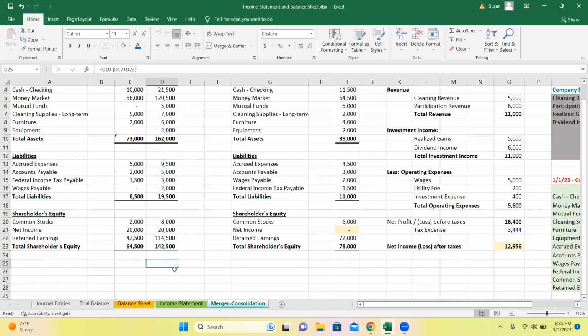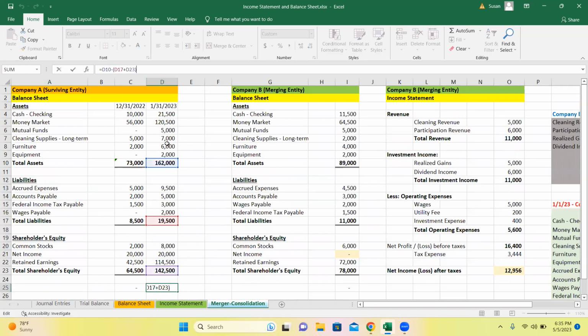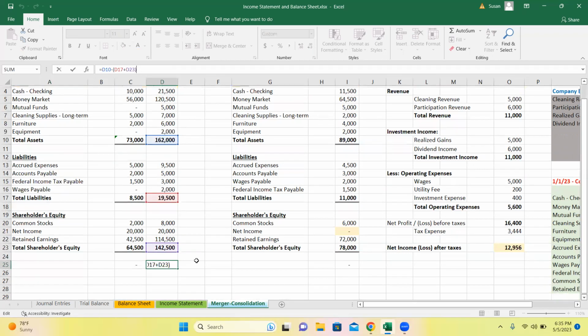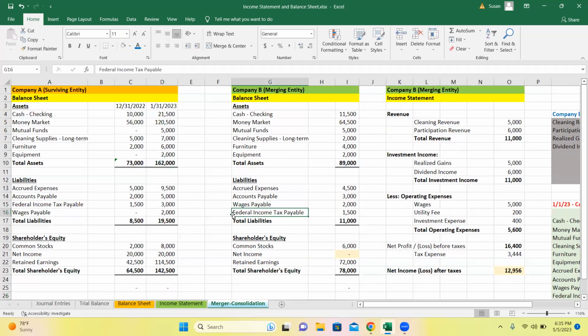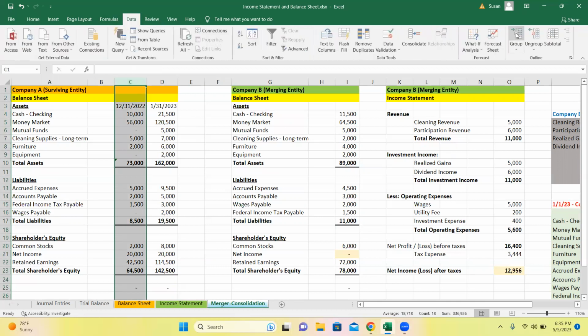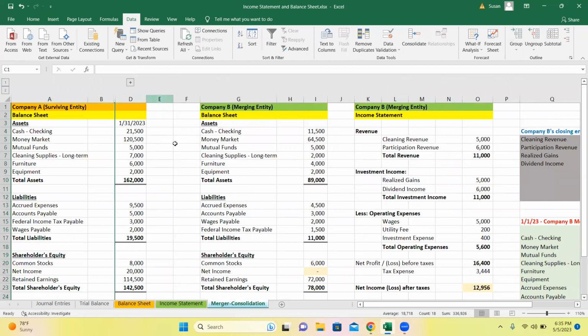All right, so now our assets equals our liabilities plus shareholders' equity. And there you have it. So we could hide this now. And this will become the new balance sheet of company A, who has consolidated company B's information.